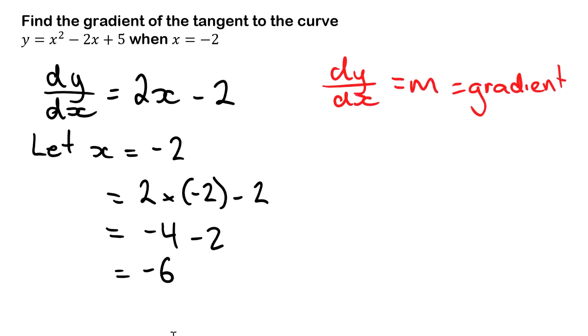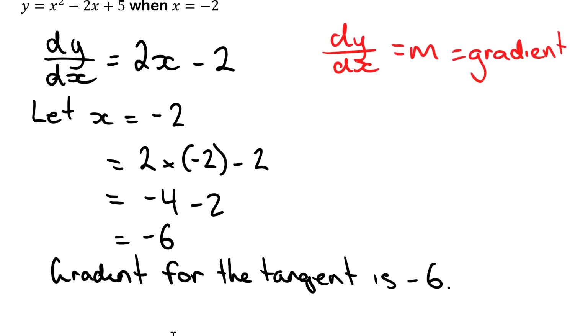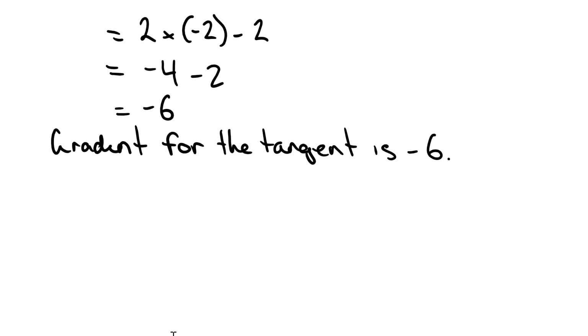So our gradient for the tangent is negative 6. Now, if you were told to find the normal, remember for a normal, you have m1 equals negative 1 over m2.